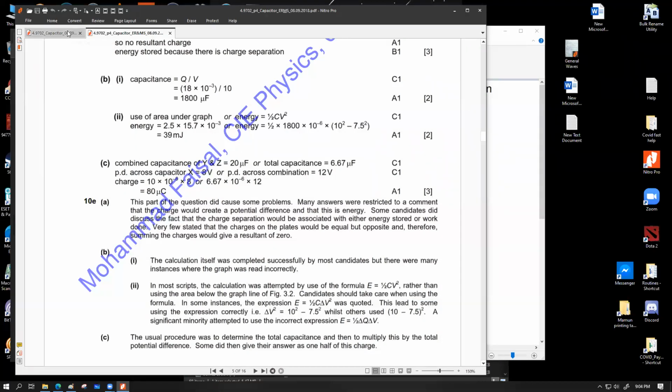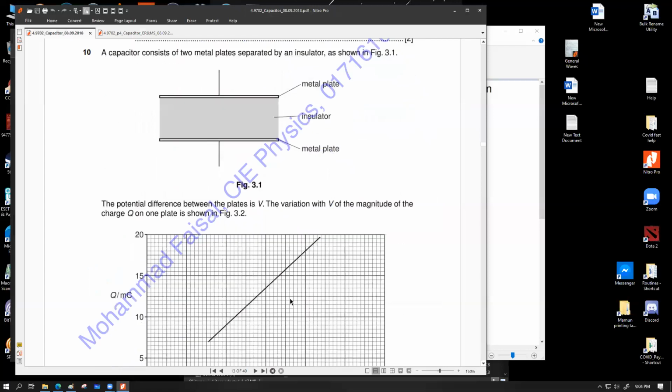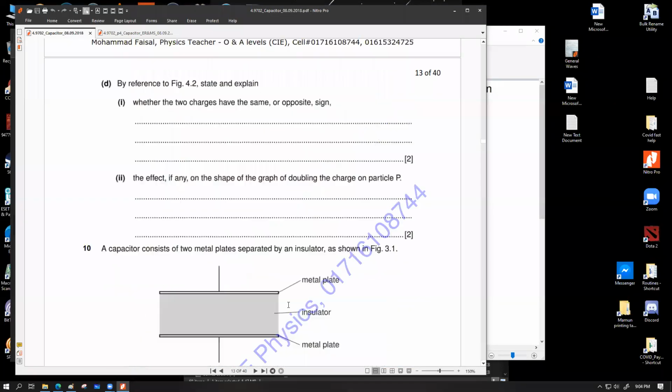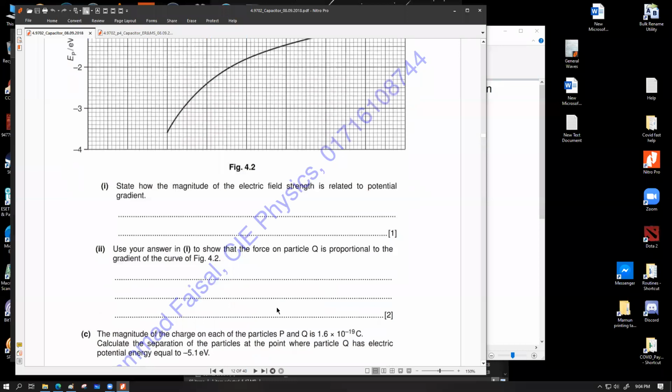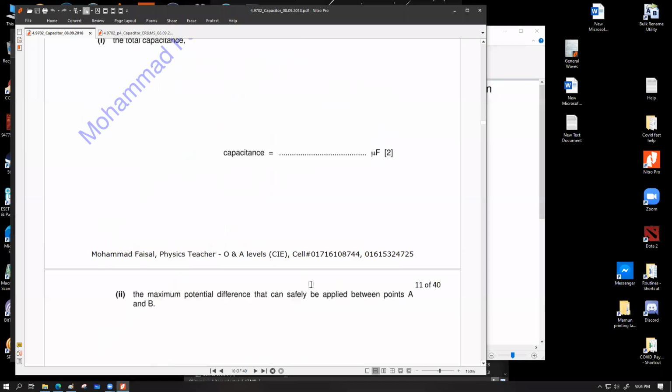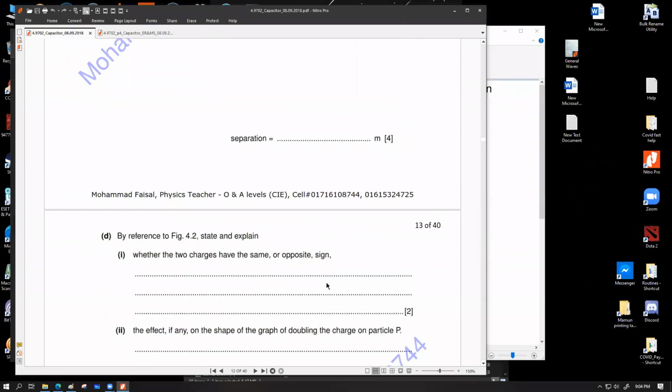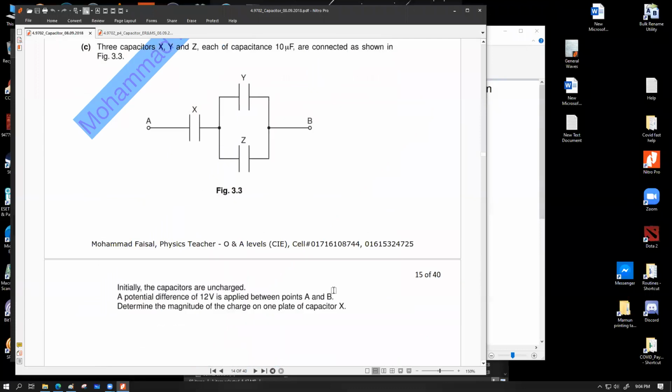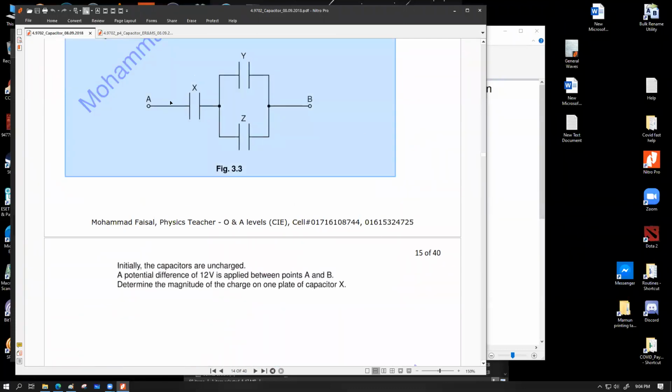The reason it works is because, from this combination, what you can see is that this is a single capacitor which should have the exact amount of charge as Y and Z. So equal charge should be stored in X and combinedly in Y and Z. So if you calculate the total charge of the combination, that will be equal to the charge stored in X as well.